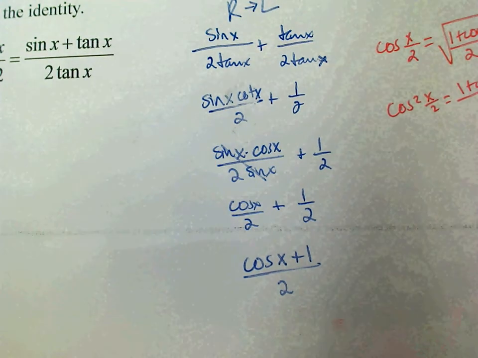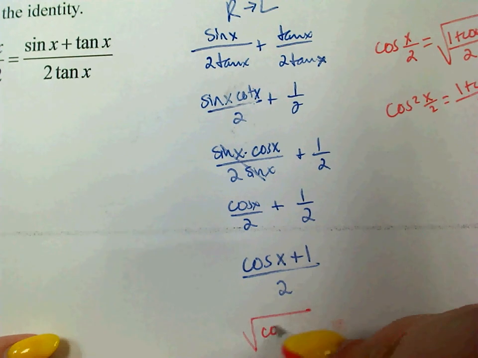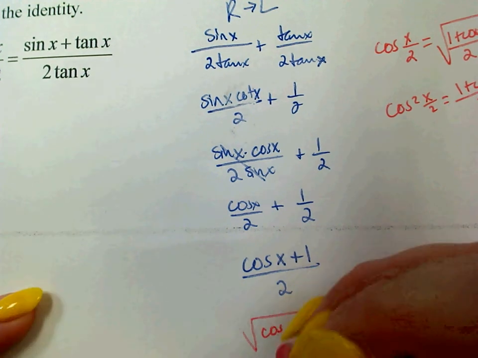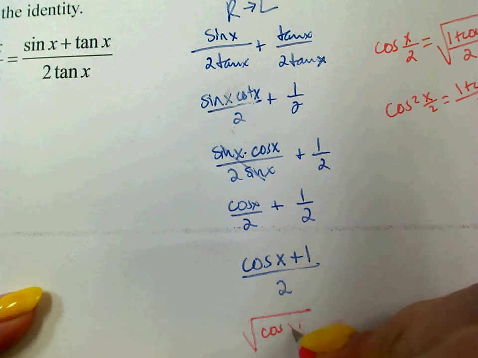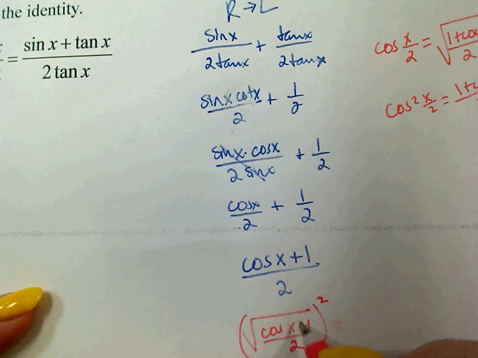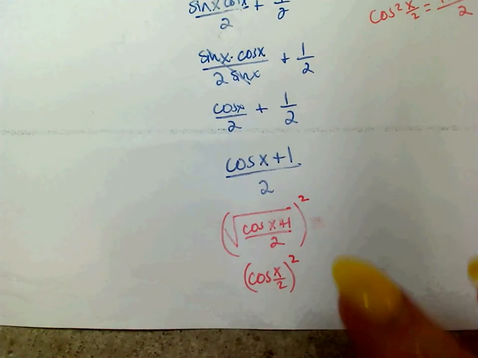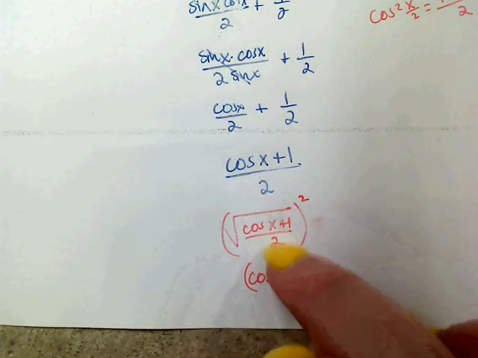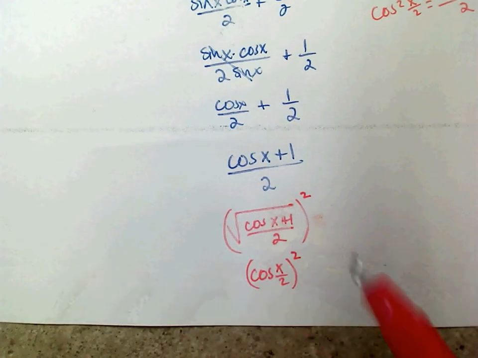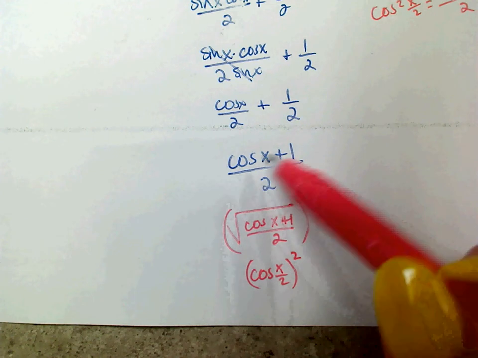This is equivalent to cosine of x plus 1 divided by 2 quantity squared, and the interior is cosine of x divided by 2. So if I square that, you can square and square root at the same time. This isn't an equation, so I can't square root both sides. I can't square both sides. But if I square and square root at the same time, then that is fine. So cosine of x plus 1 divided by 2 is the square root of cosine of x plus 1 divided by 2 squared, and all of that is cosine of x divided by 2 squared, and there's my answer.